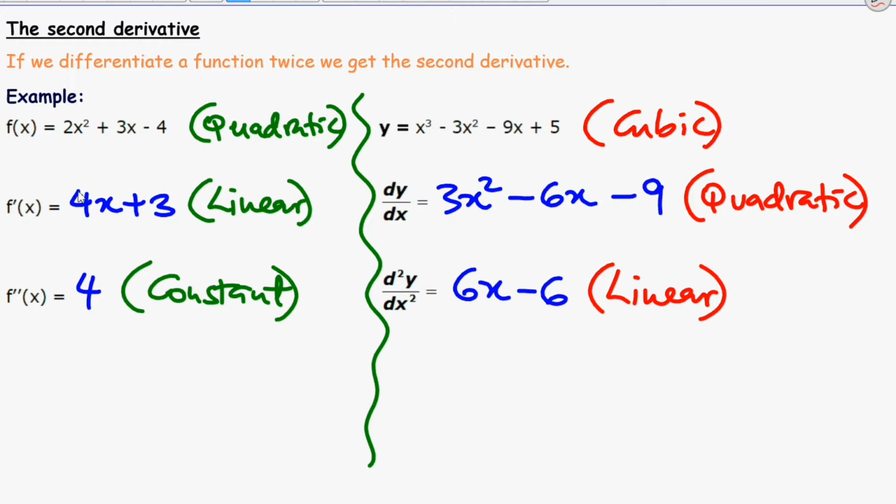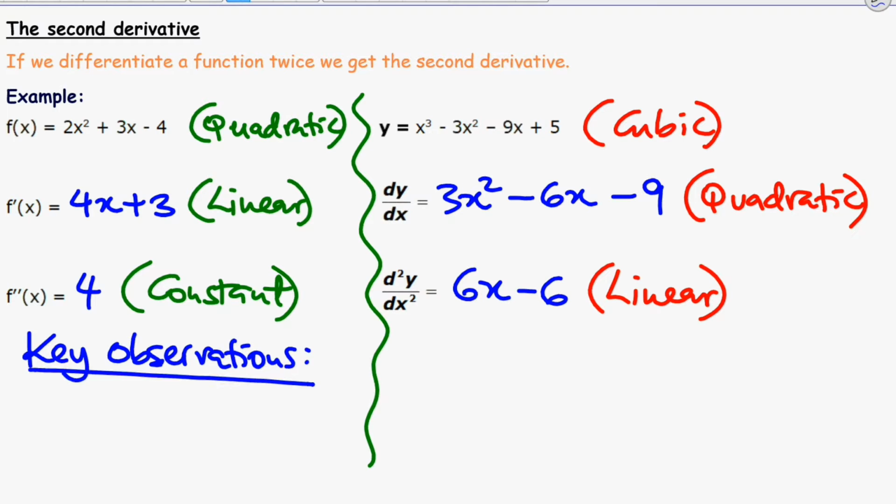So what we can say is that the first derivative of a quadratic is a linear function, like what we've seen in the first case on the left. So these are the key observations. The first thing that we can realize is that the first derivative of a quadratic is a linear function.